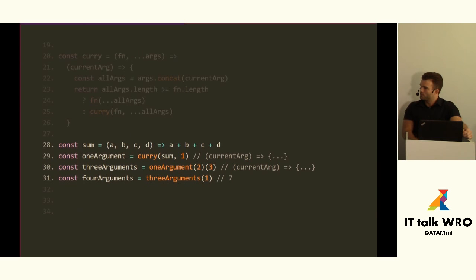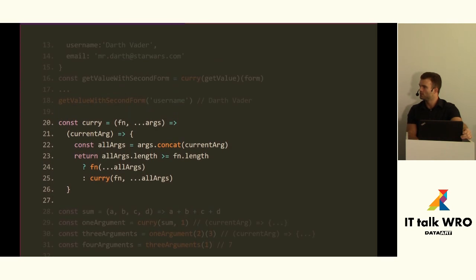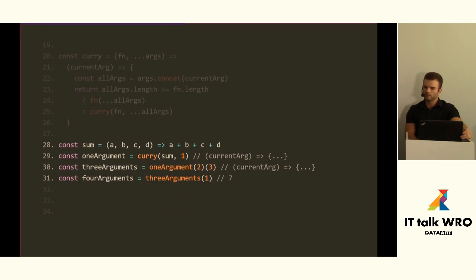Here I have some function with 4 arguments, and it awaits that it will get four arguments. And if I curry that function with only one argument, you will see, if you do console log, the curried version of this function, current args, and so on, like here. The same situation for 3 arguments.